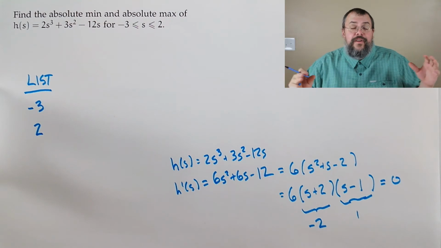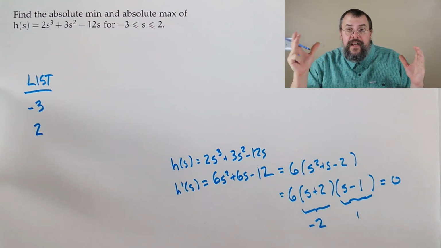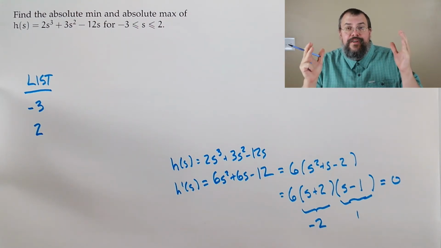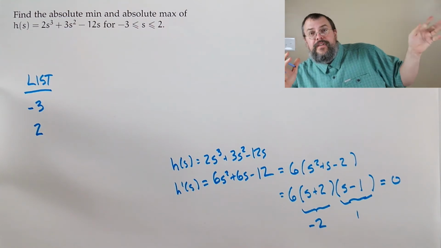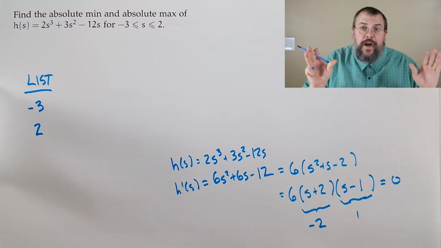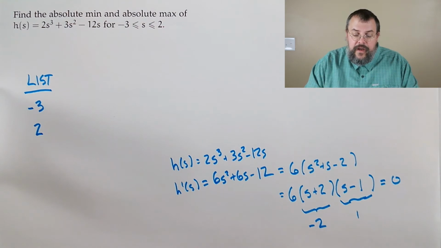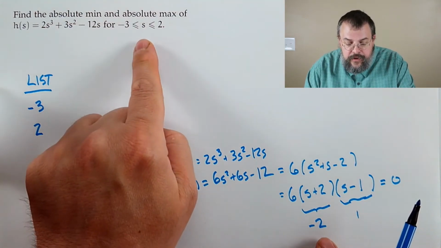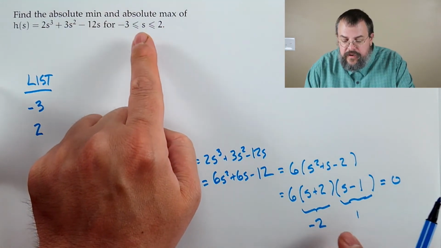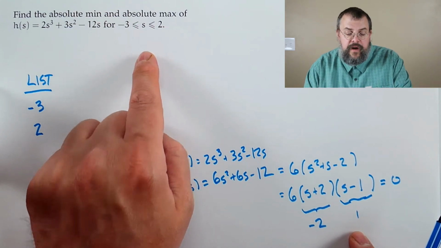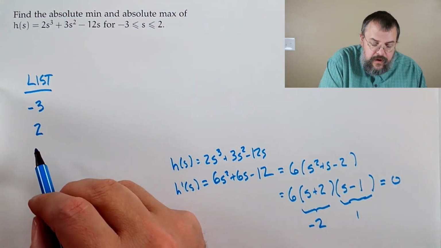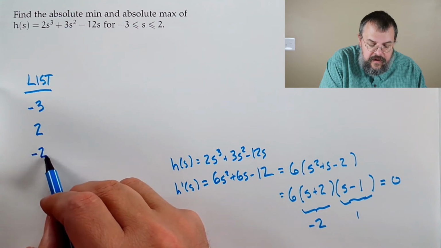And the answer is no, because we're only looking between -3 and +2. So 10, way out there, we don't even see it. So we got to be careful. So in our case, it turns out that -2 is between -3 and +2, and 1 is between -3 and +2. So we add them to our list.